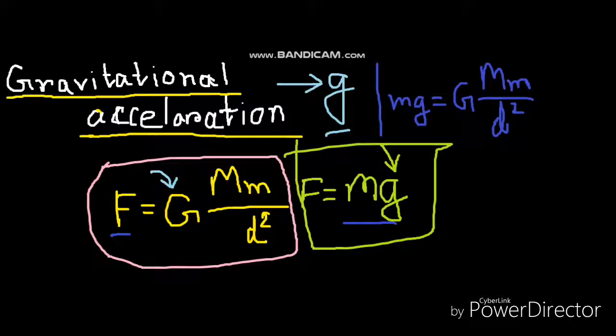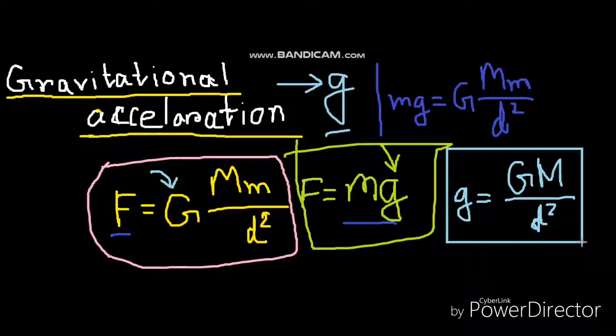And from this equation we will get the equation for g. The g will be the gravitational constant times the mass of the earth by d square, and this is the equation for gravitational acceleration.